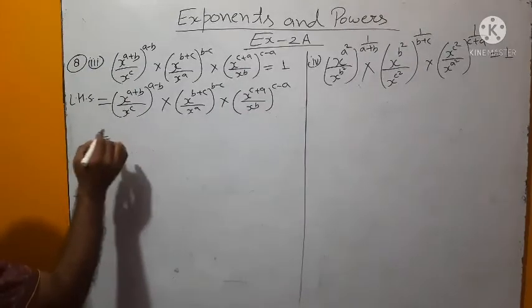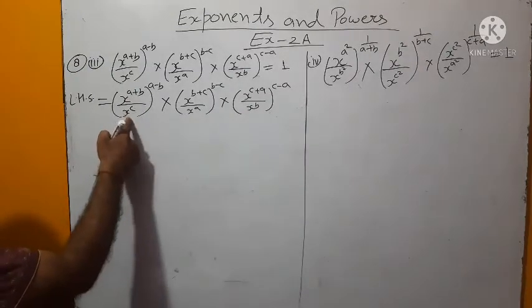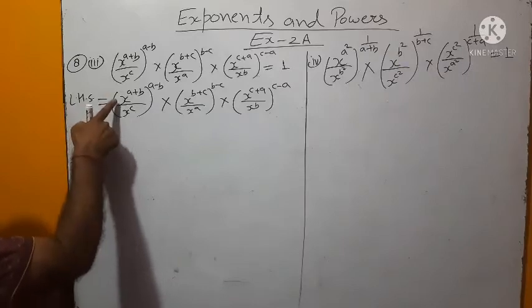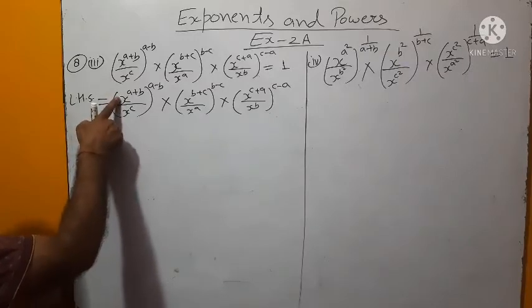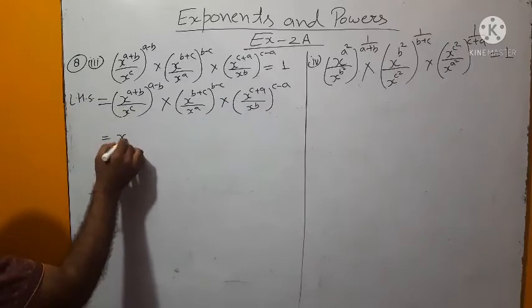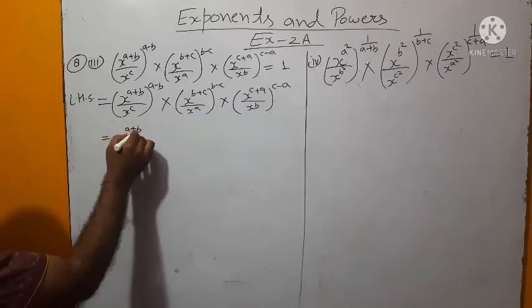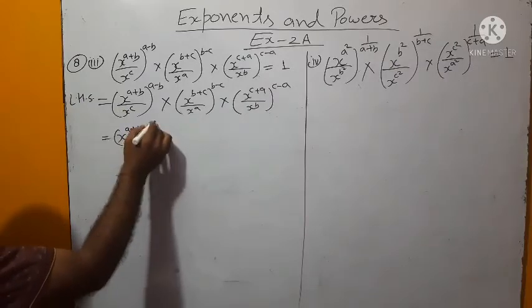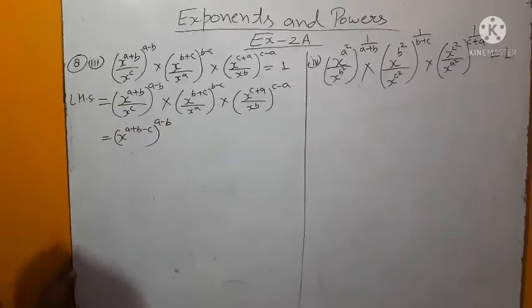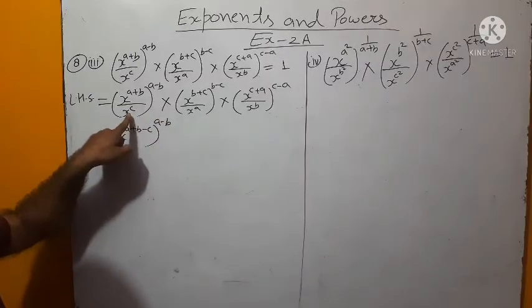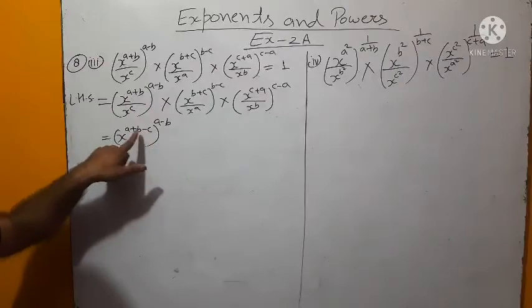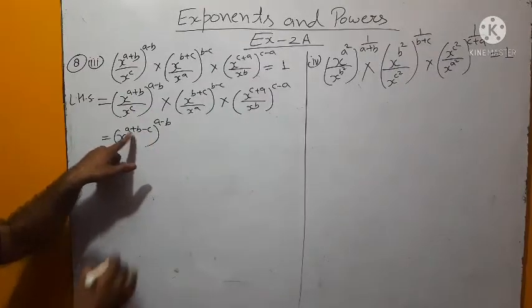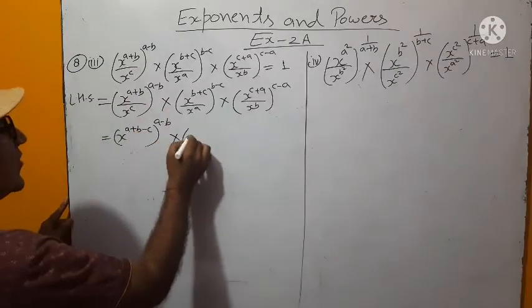So here first bring this x^c to the numerator, meaning first solve x^(a+b) upon x^c. It can be written as x^(a+b-c). Is this clear? When x^c goes up, it will be subtracted from the power of the numerator. Same in the second one.